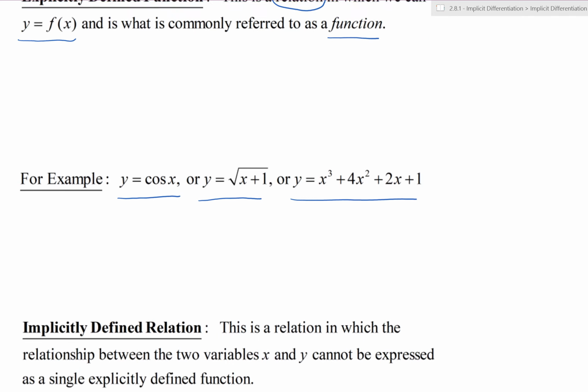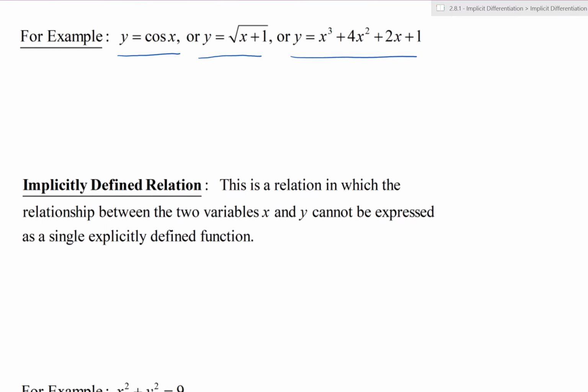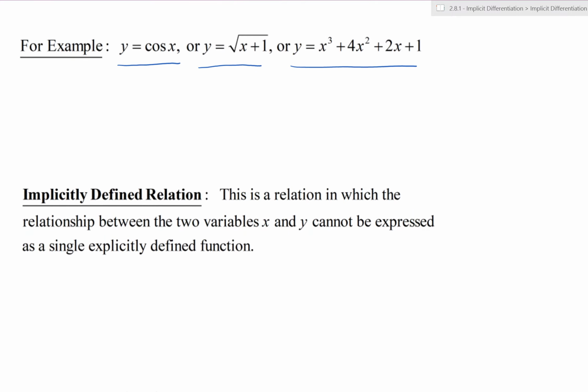But what about an implicitly defined relation? Again, a relation is a collection of ordered pairs, and it's a relation in which the relationship between the two variables, say x and y, cannot be expressed as a single explicitly defined function. So we won't be able to isolate the y, or maybe we can isolate the y, the output, but there's something in the formula that's giving us multiple output values for single input values, right?